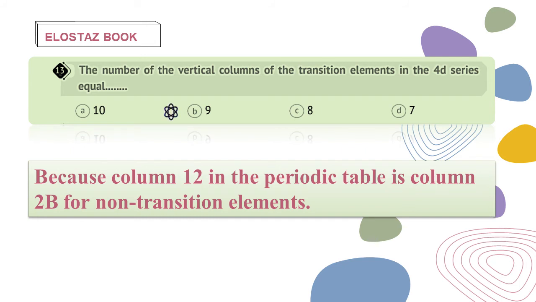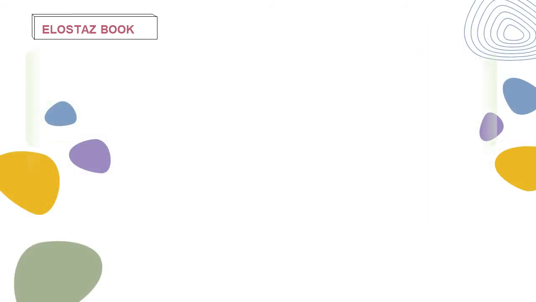So the number of vertical columns of the transition elements in the 4D series: column 12 in the periodic table is 2B, a non-transition element, and the vertical columns in the 4D series are 9 columns. Okay, let's go to question 14.